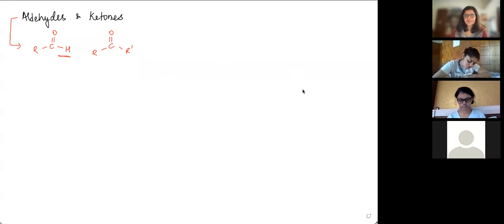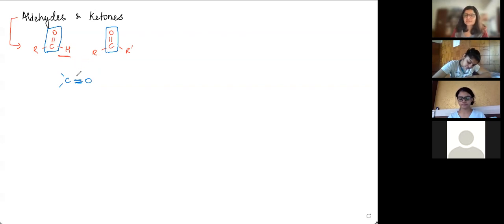Before we get to nomenclature, some important points about this. What defines the carbonyl group is C double bond O, right? Oxygen is pretty electronegative. So what can you say about this bond, and this carbon in general?